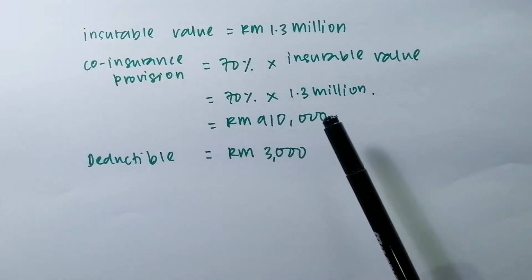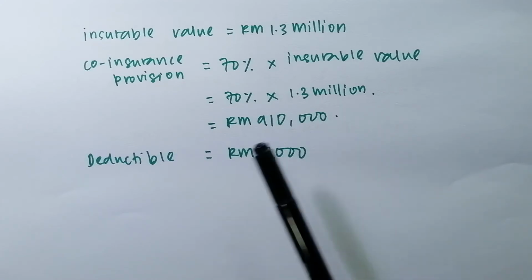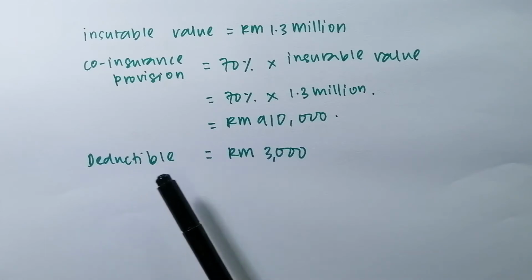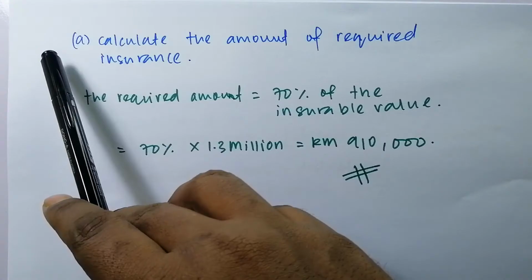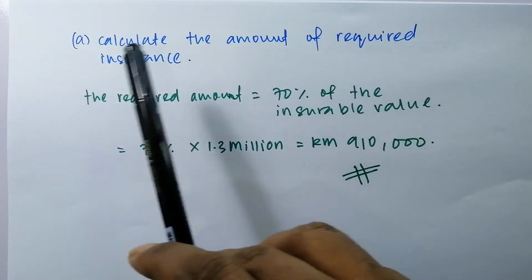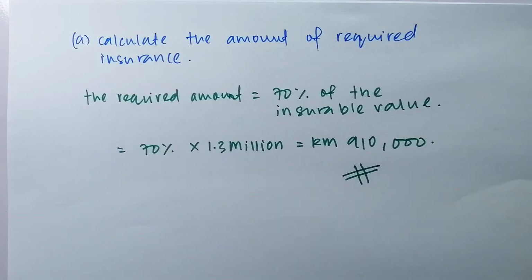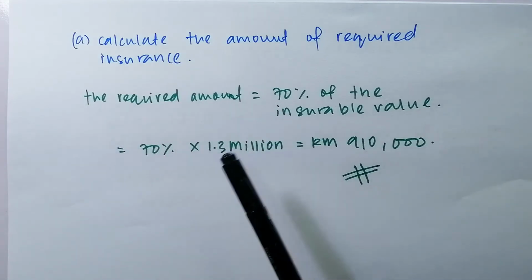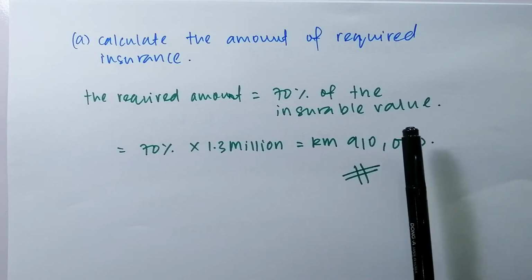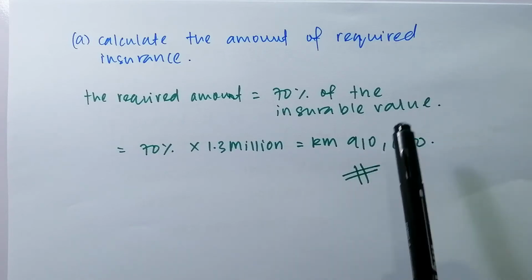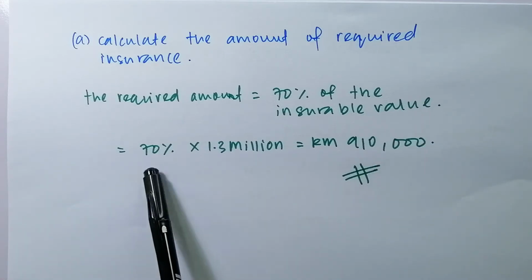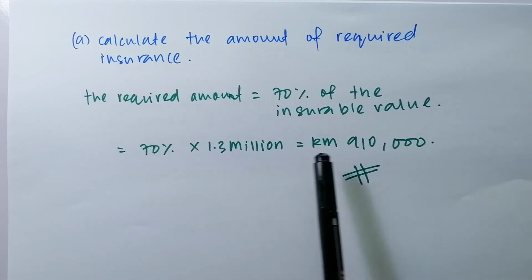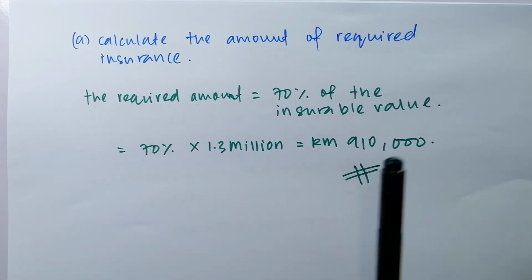This is the minimum insured amount requested by the insurance company, and it also has a deductible of RM3000. Part A wants us to calculate the amount of required insurance. The required amount is equal to 70% of the insurable value as requested by the insurance company, and we have already found that answer, which is 70% times 1.3 million, equal to 910,000.